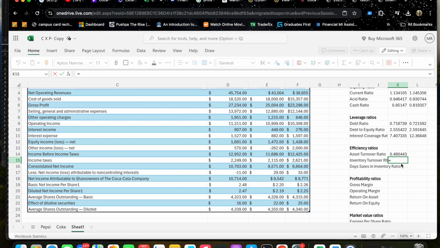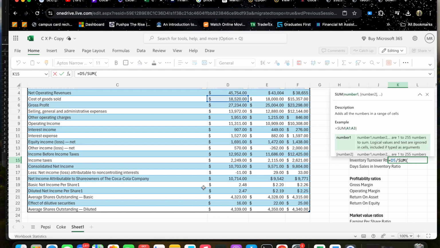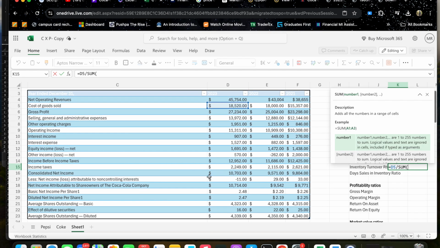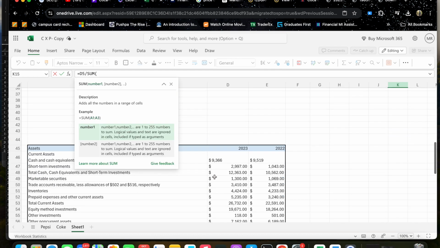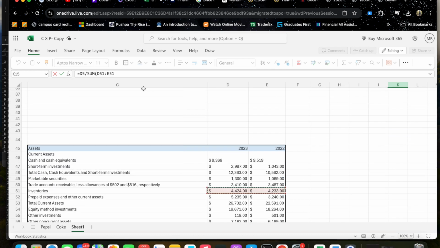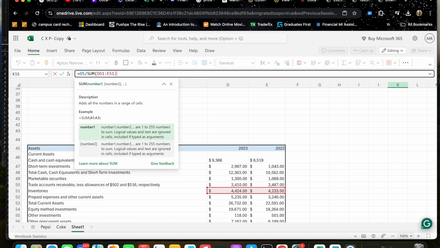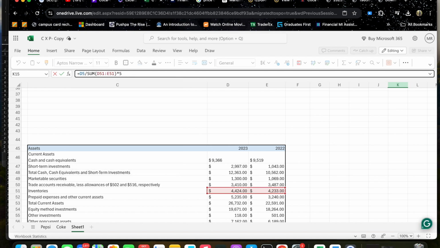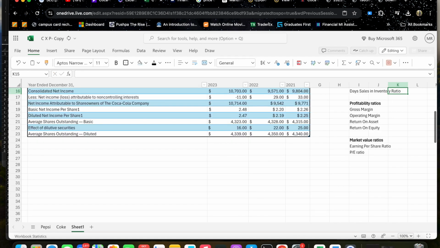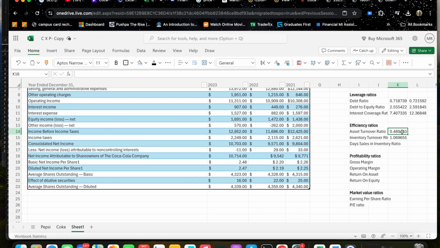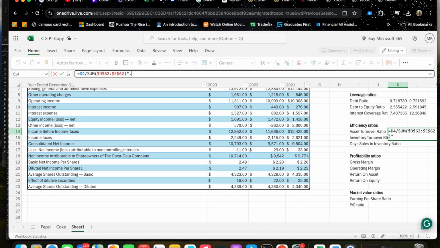So inventory turnover ratio should be the cost of goods sold divided by the average inventory. Oh, I found the mistake here.